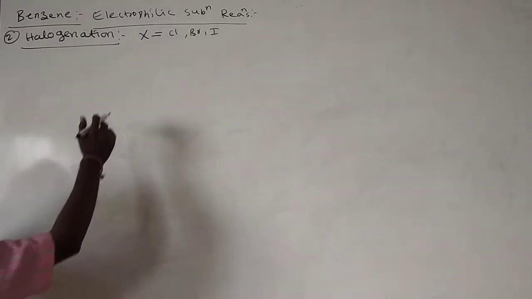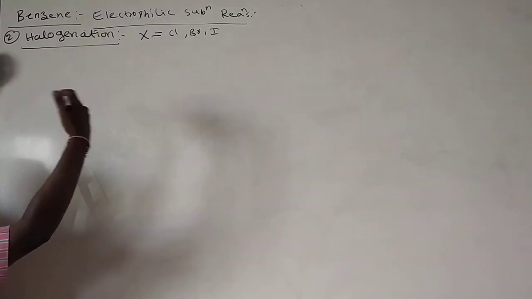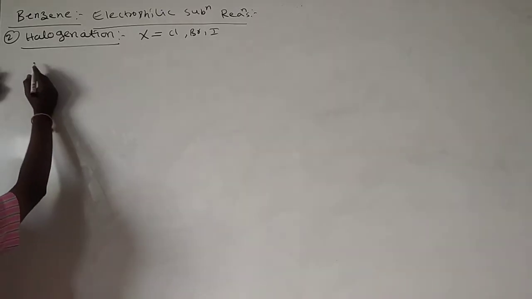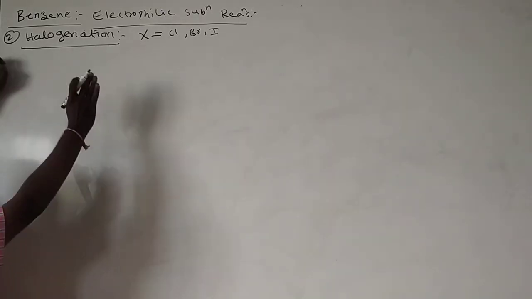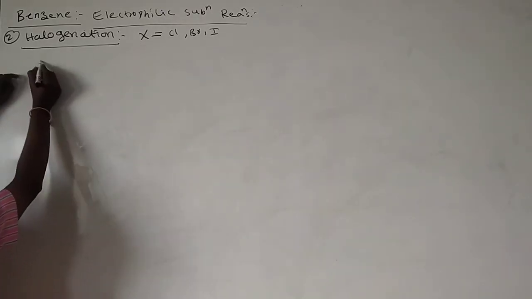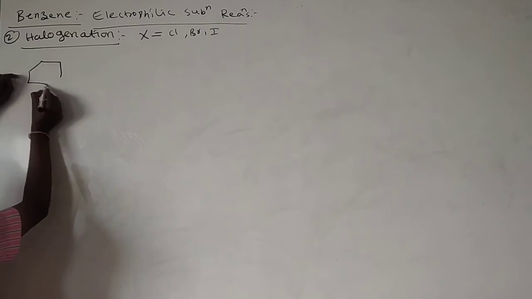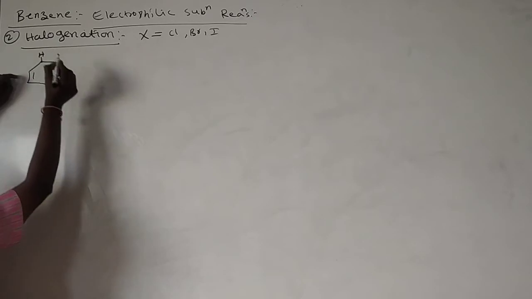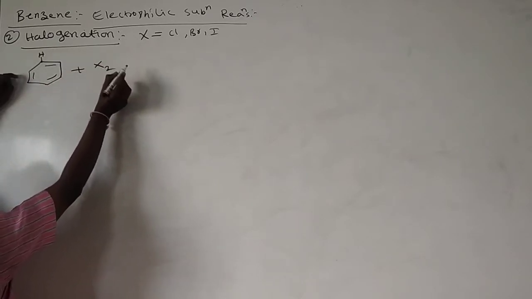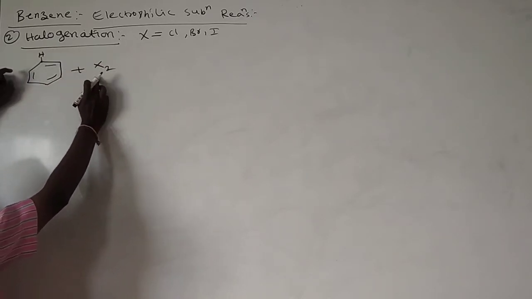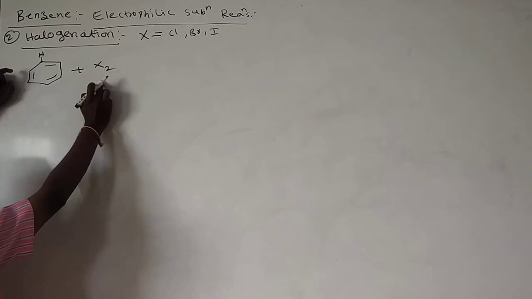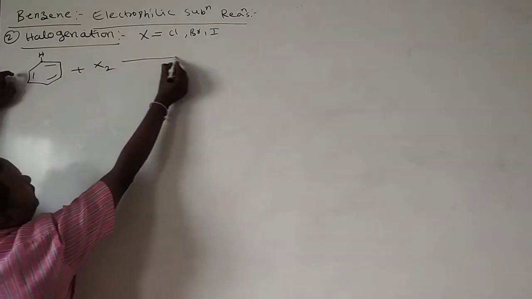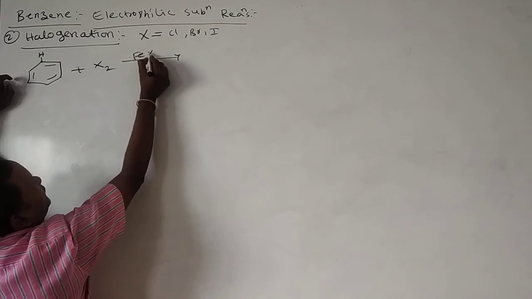Here, first I am taking X, which means any atom. Here take benzene. It reacts with halogen X2, which may be chlorine, bromine, or iodine, in the presence of ferric halide, FeX3.